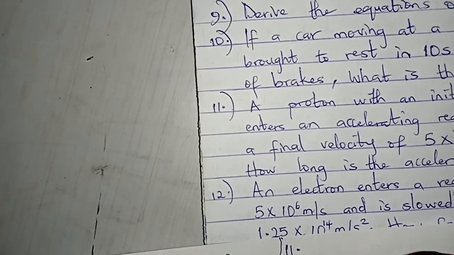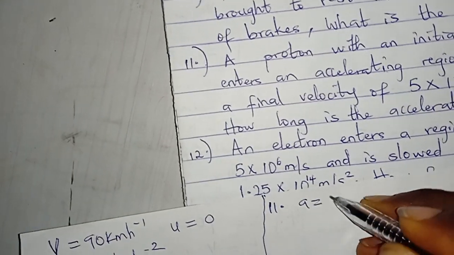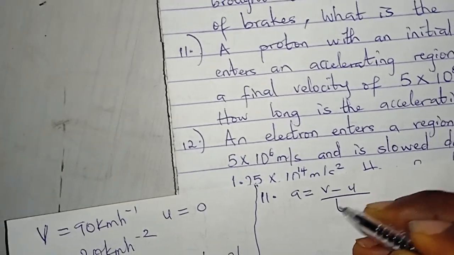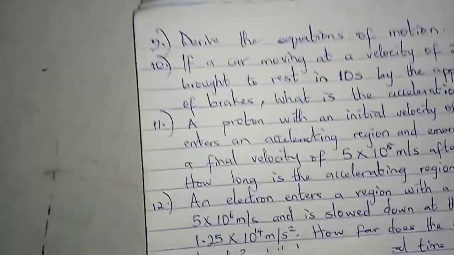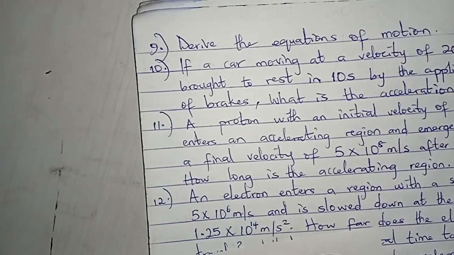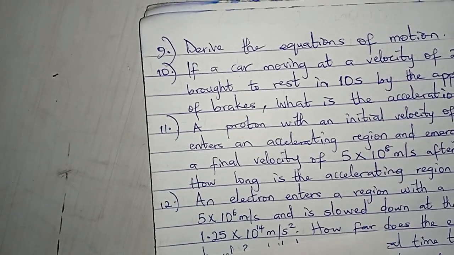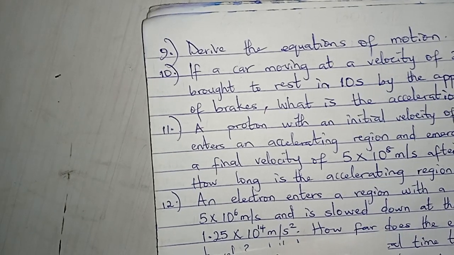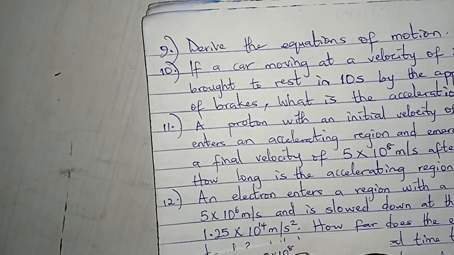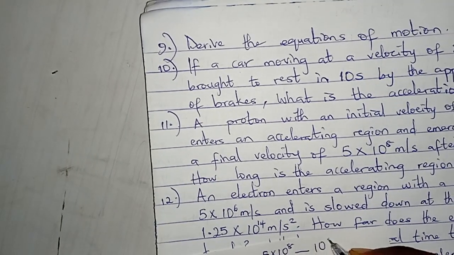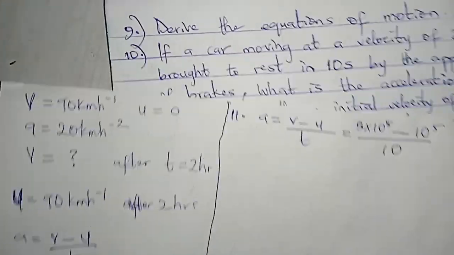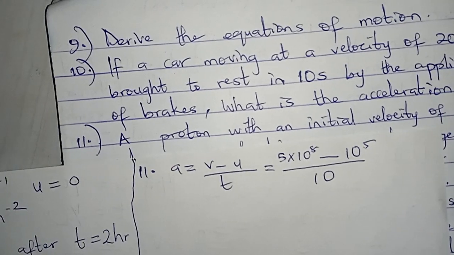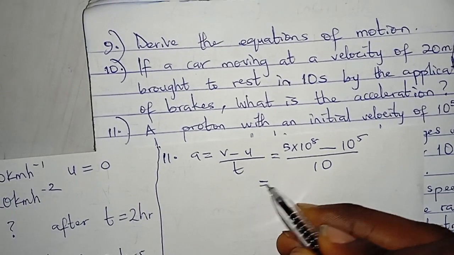The acceleration they are asking us, A equals V minus U over T. So the acceleration is 5 times 10 raised to power 8 minus 10 raised to power 5 all over 10.